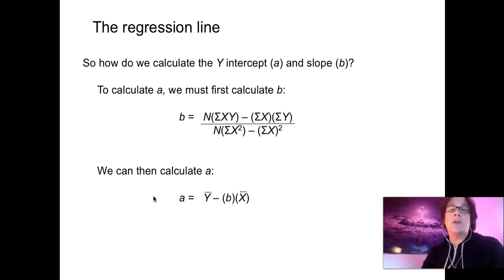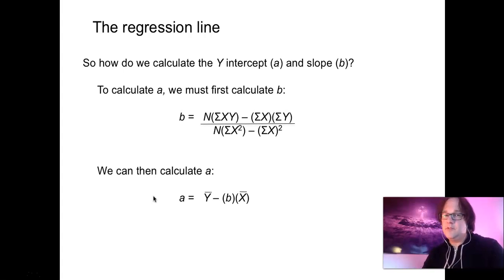So we have our formula for B, and once we go through this and calculate B, we're able to calculate A. The formula to calculate A, the y-intercept, is a lot less work. It's simply the mean of your y-scores minus B times the mean of your x-scores.